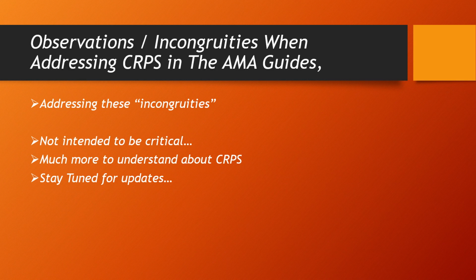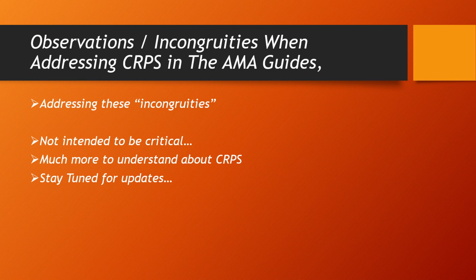We've already seen, as I discussed earlier, the 6th edition has reduced the number of criteria from 8 to 4 out of 11. So that has changed substantially. And also, there's an increasing amount of research that is currently being done and has taken place on the subject. So our understanding of this condition is ever evolving and will continue to evolve moving forward.